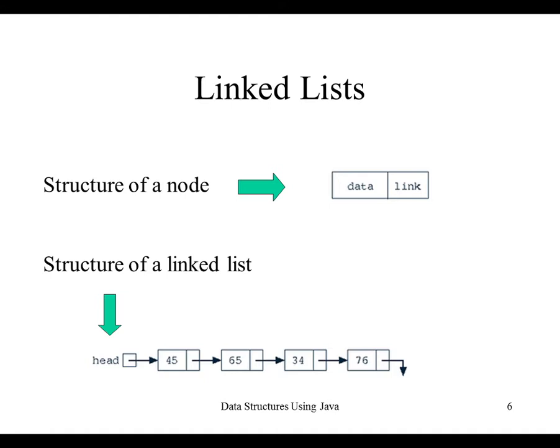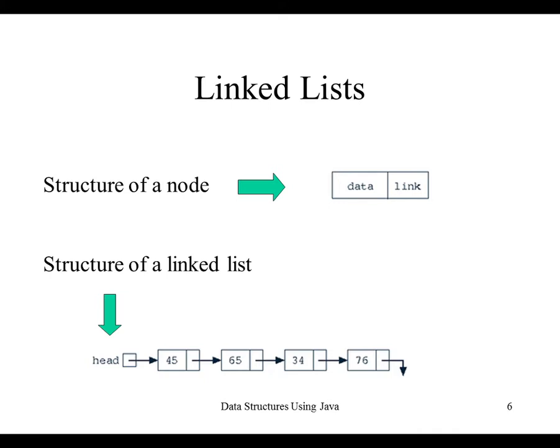The first figure is a pictorial representation of a node. It has data and link, or the address of the next node. In Java, there are two types of variables: those of the primitive data type and reference variables.